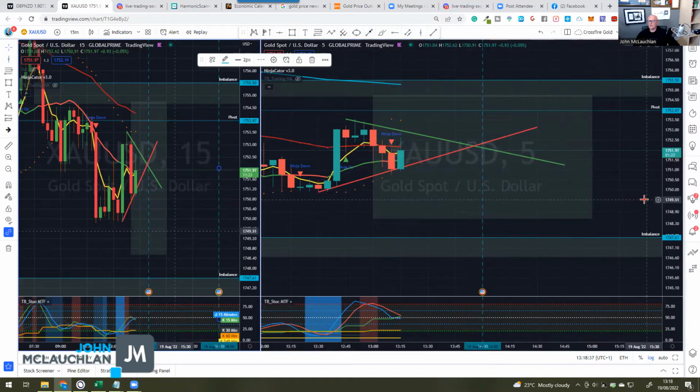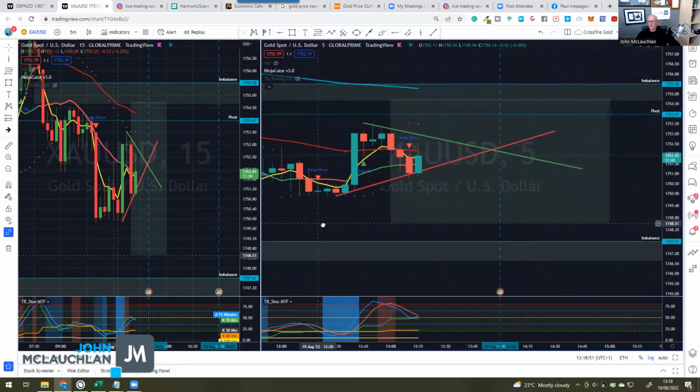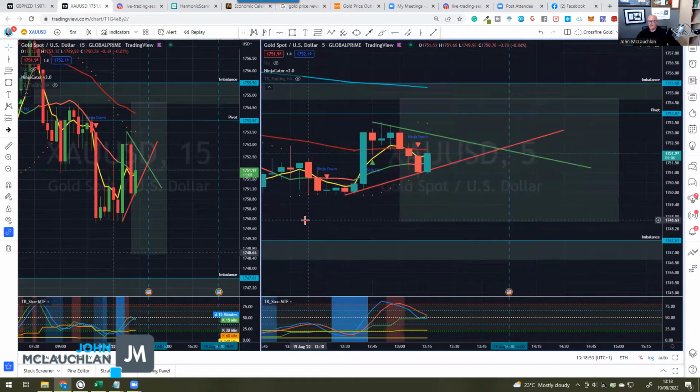Bit of a news item further on, but that's not going to affect us in this 2-hour period. So stochastics at the moment on the 5 minute, kind of pointing downwards, but kind of in the middle of nowhere at the minute. And again, with this falling wedge, we just stay out.